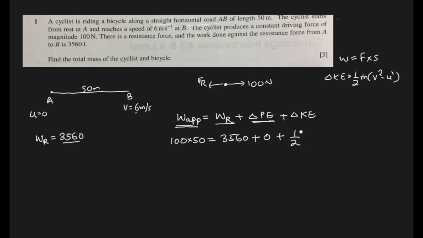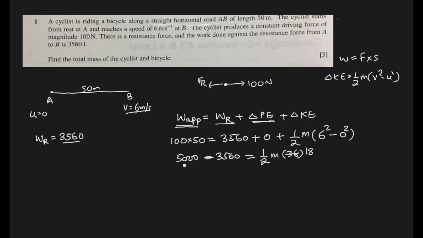m is what we have to find. Okay, final velocity is 6 meters per second, minus u is 0. Okay, so it is 5000 equal... let's bring this to the left side. So 3560 is negative now, equal to half m times 36. We can cancel this here, 18.